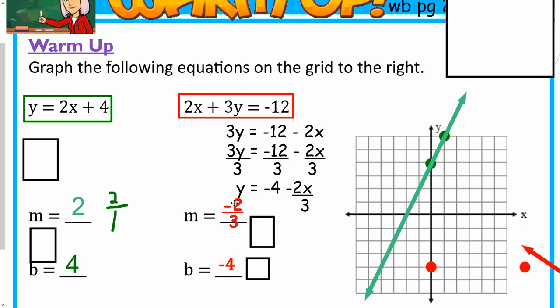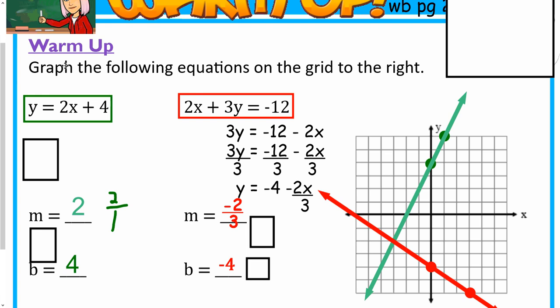The slope is negative 2 over 3, which means we're going to go down 2 and then over to the right 3. We're always going to the right. So down 2 and then over to the right 3. 1, 2, 3. So we end up in that spot right there. And then just join them together to add your line.